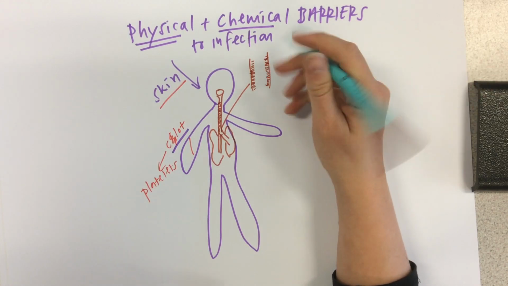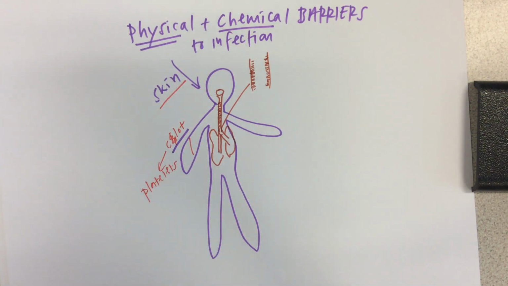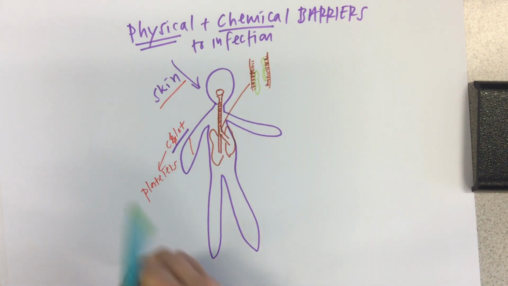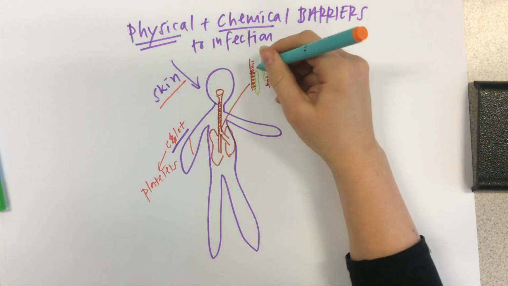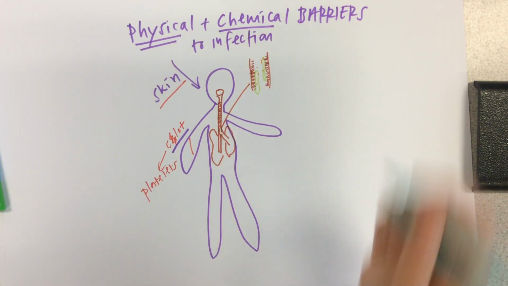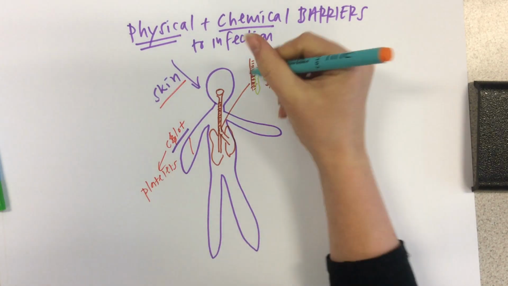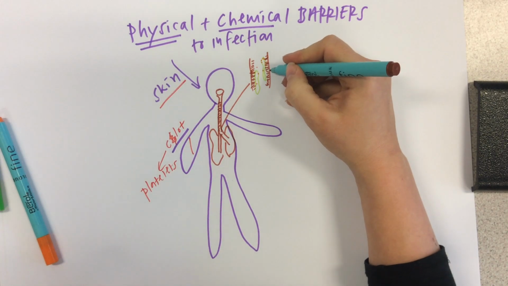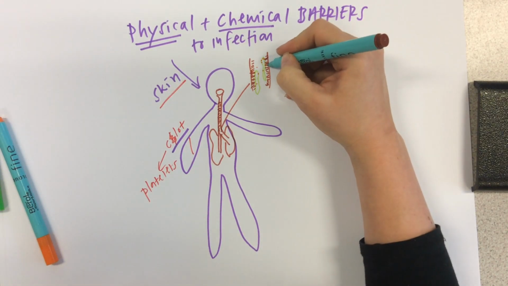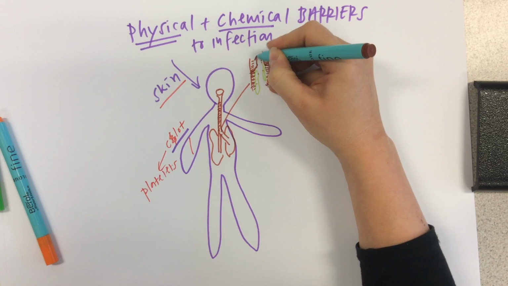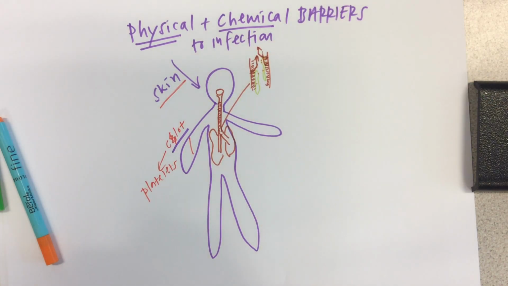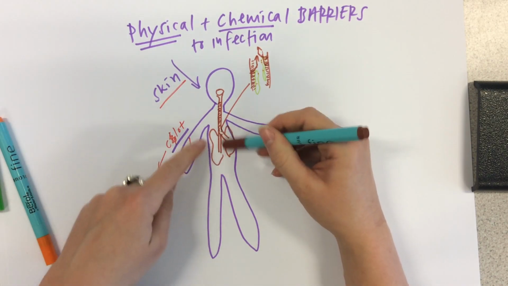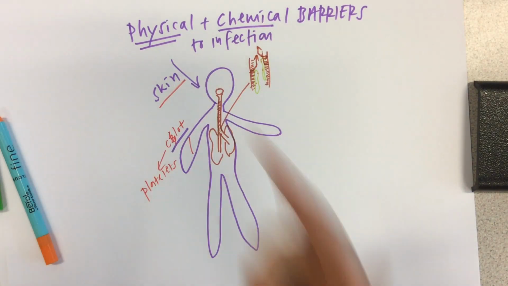And with the help of mucus that is also in the respiratory tract, which will catch any invading bacteria or dust particles or anything, gets trapped in the mucus, and then the cilia can effectively push the mucus up and out of the lungs and away from this lung tissue here that's really important. So that's another physical barrier.